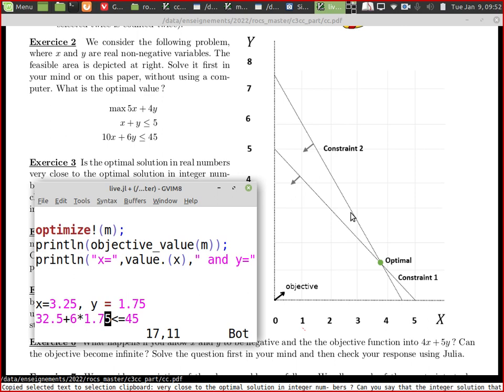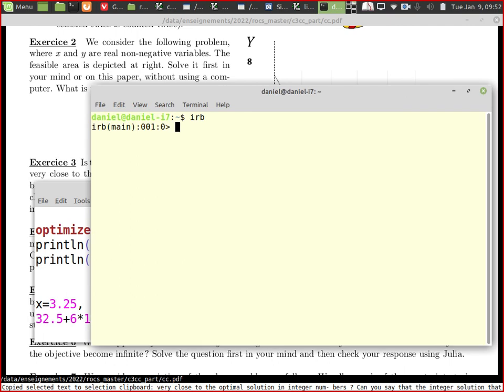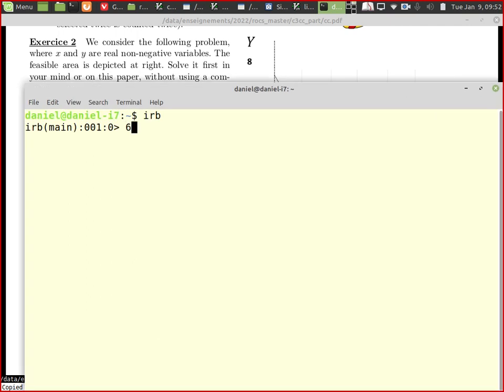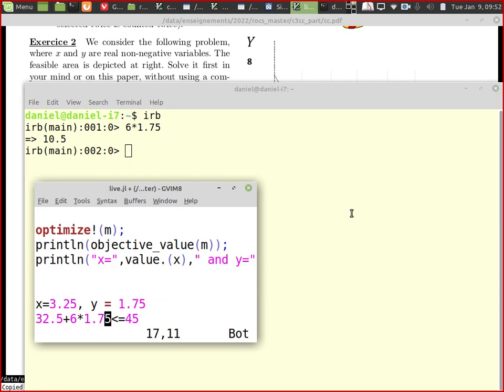And here I have a bit more complicated. I have a small calculator, and I have 6, 10.5.